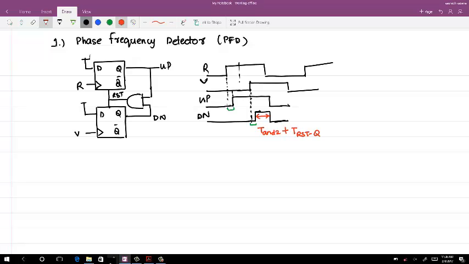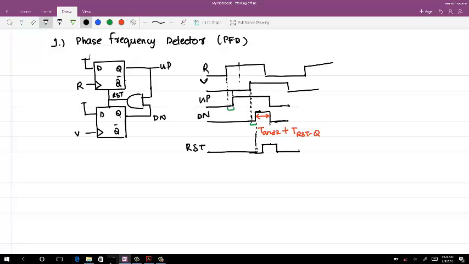Now what happens to the reset signal? In this case, when the down signal goes high, then after an AND delay, the reset signal will go high, and then it will remain high for the T reset to Q delay, and it again becomes 0 after an AND delay.